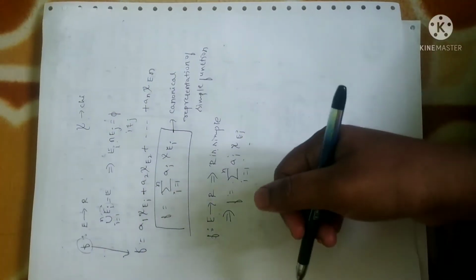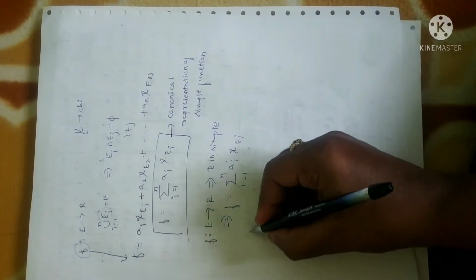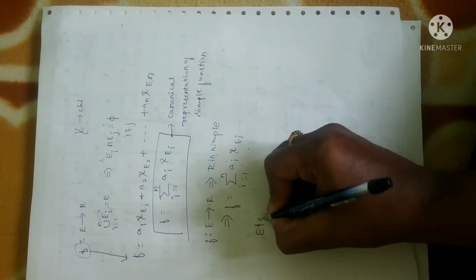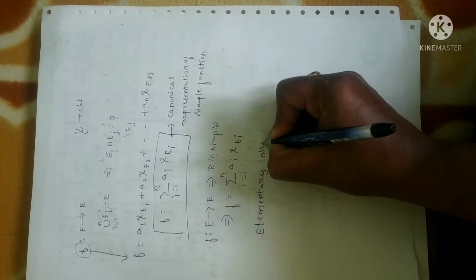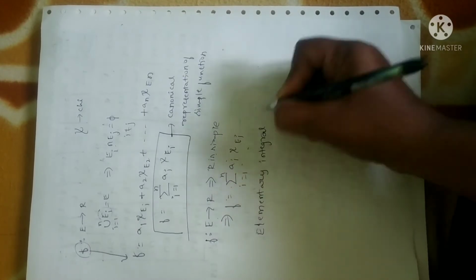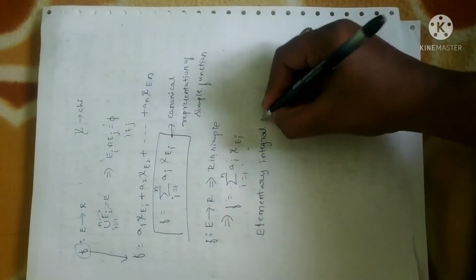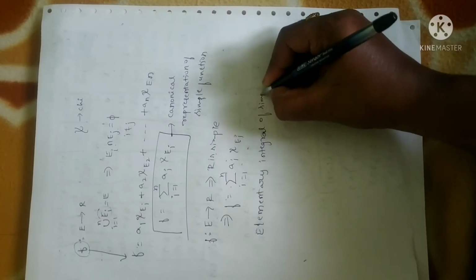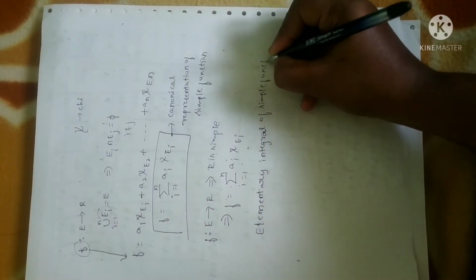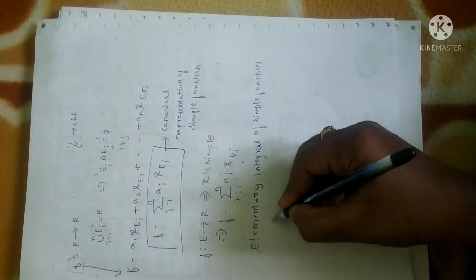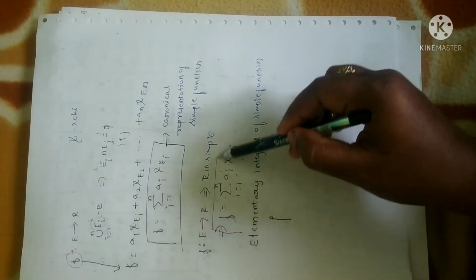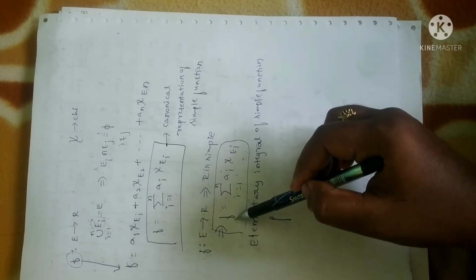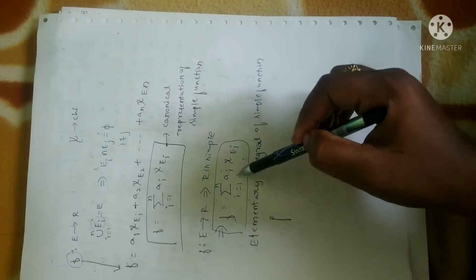Further, next we can define the elementary integral. This is all just basic definitions that we are using in a further theorem. So the elementary integral of a simple function. It is defined as follows: as I already told you, if f is a simple function, I can express it in the form of canonical representation.